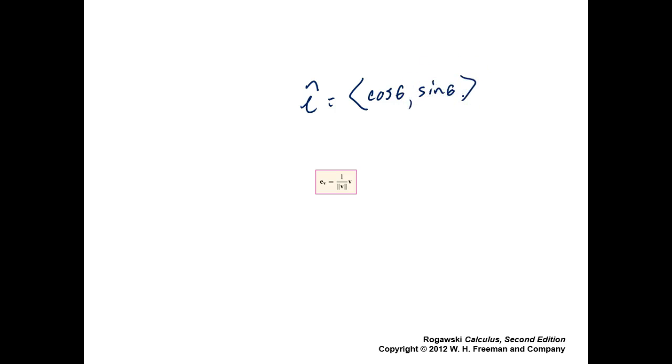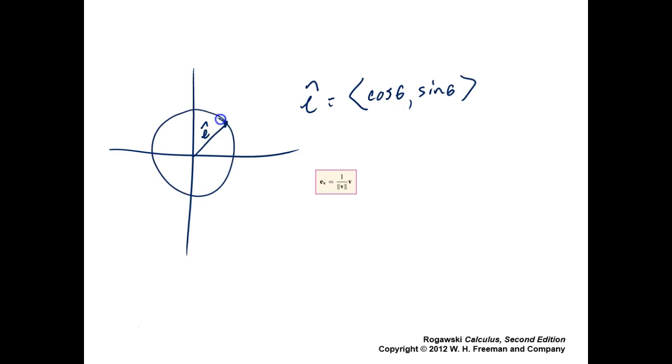Now, why is that true? If you were to draw any old vector, we'll call it unit vector E, and now I'm going to try to draw a pretty lousy looking circle here.